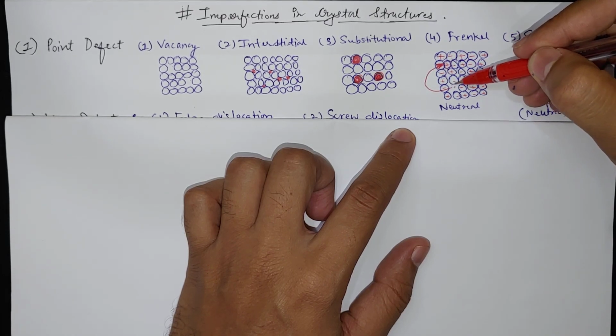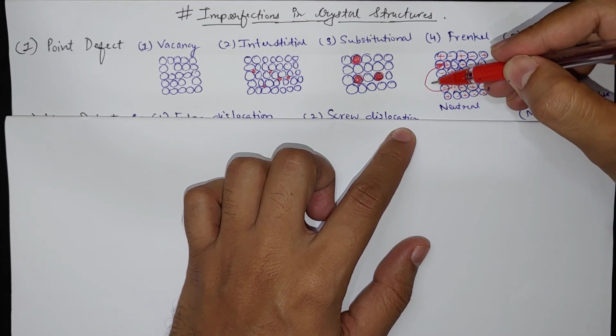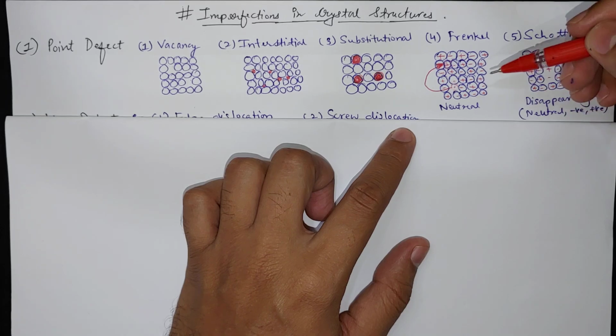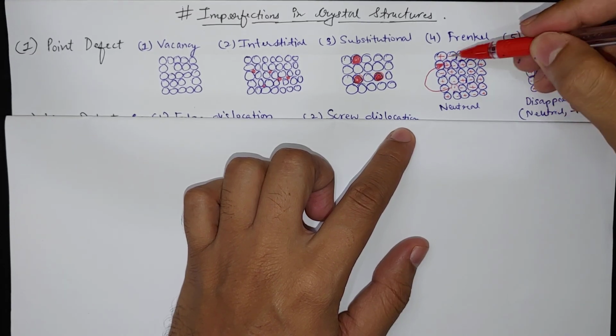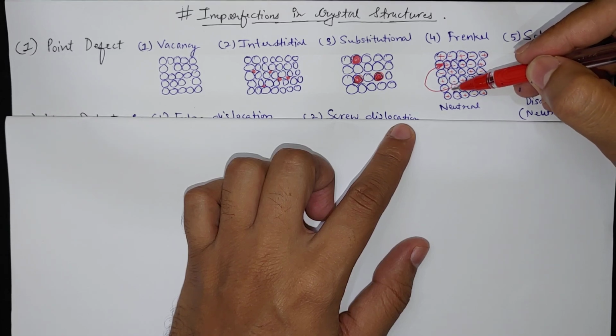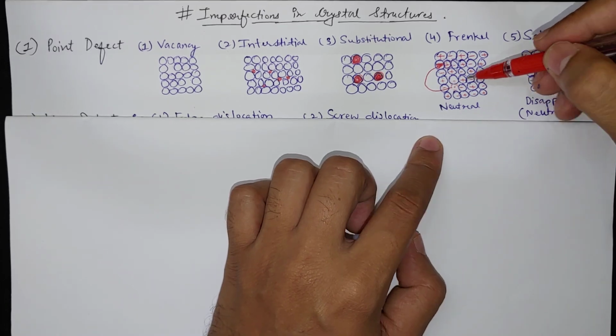So this particular positive ion will move its location, it will be self interstitial at some other location, and its entire charge will be neutral as it is self interstitial and it's moving its original atom to some other location. So this kind of defect will be neutral.